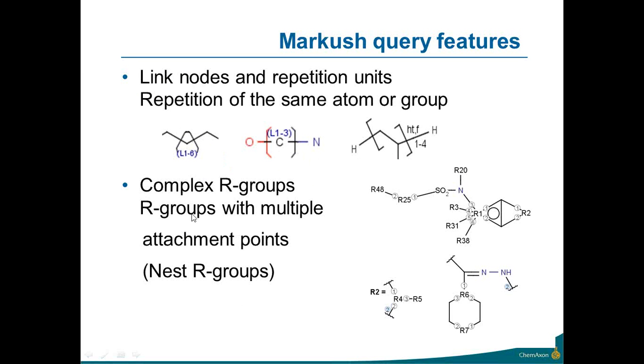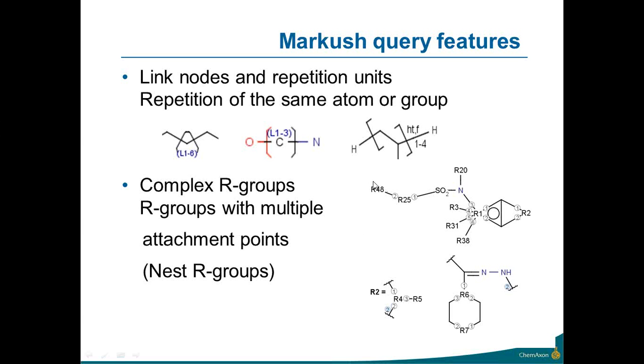But the most important one are the complex R groups. For those of you who are really familiar with the patents and the way that the structures are represented, this is something really common to search into the patents. And as you can see, R groups with multiple attachment points are supported, and you can go to many of them.